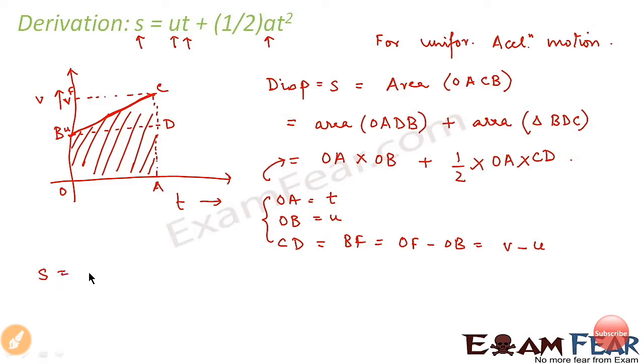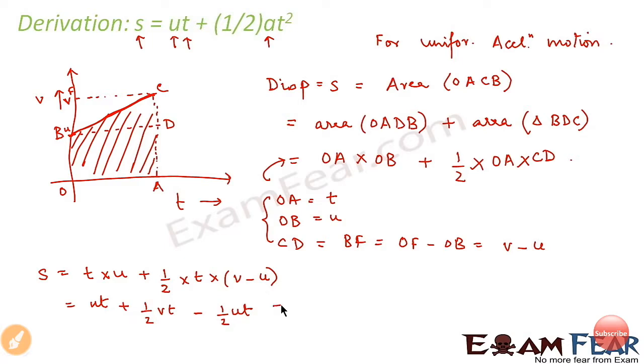So what do we find? S is equal to T into U plus half into T into V minus U. So now this is UT plus half VT minus half UT.